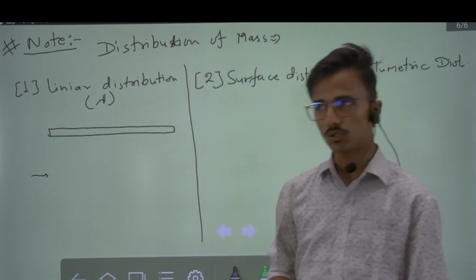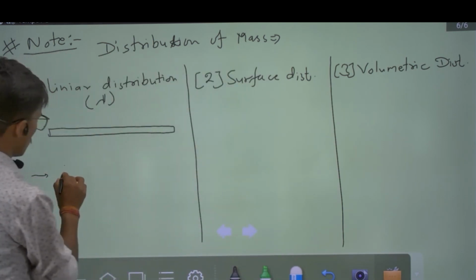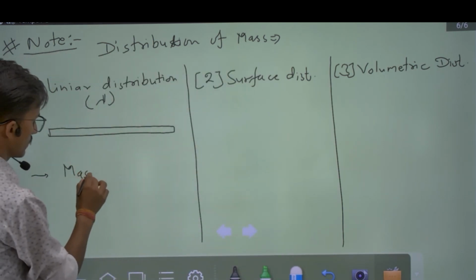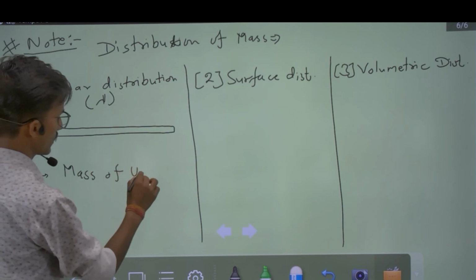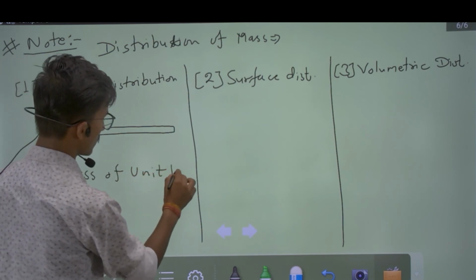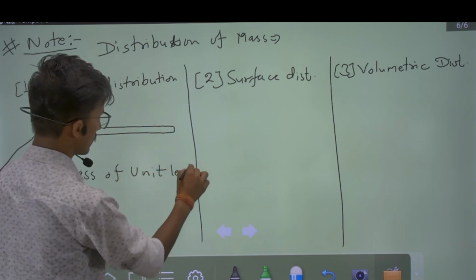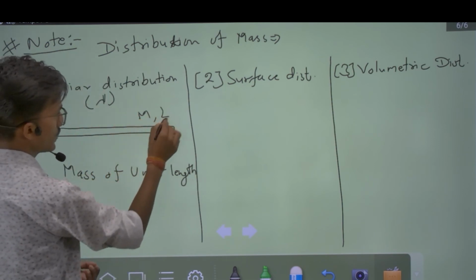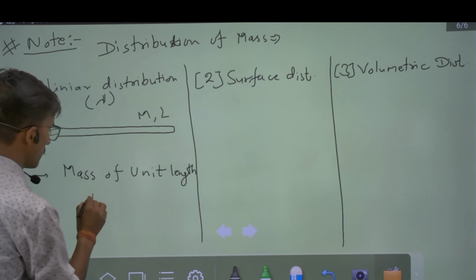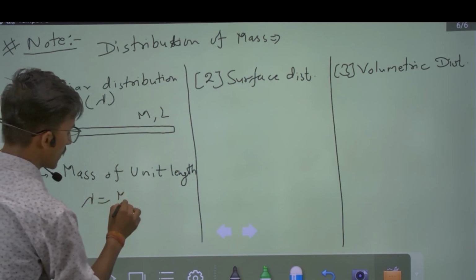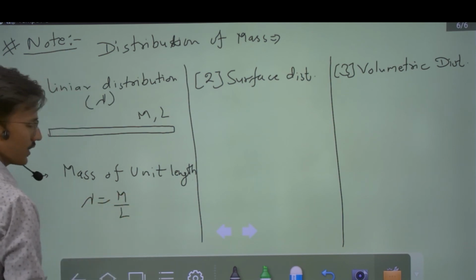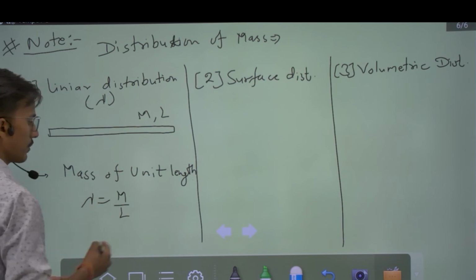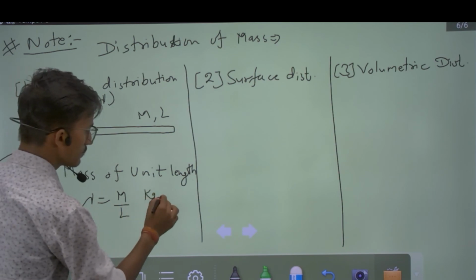If the mass of this rod is given as m and the length is given as l, then lambda will be equal to m divided by l, and that is why the unit of lambda will be kilogram per meter.